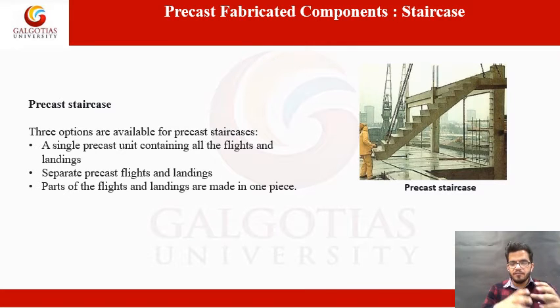Then we have different subcomponents of the staircase, for example the flights and the landings, which are connected on site as a group and finally finished with the different components of the building. And the last method is where parts of the flights and the landings are made in one piece.